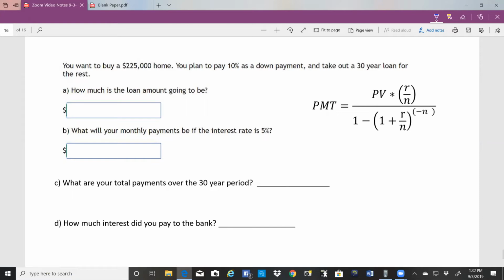You want to buy a $225,000 house, and you're going to pay 10% down and take a 30-year loan for the rest. How much is the loan amount going to be? Well, the down payment is going to be 10%, which is $22,500.